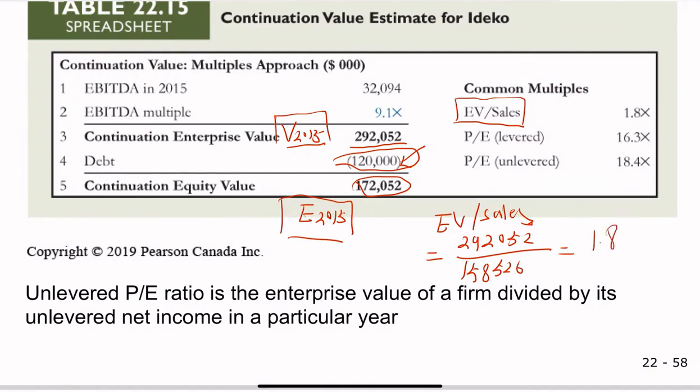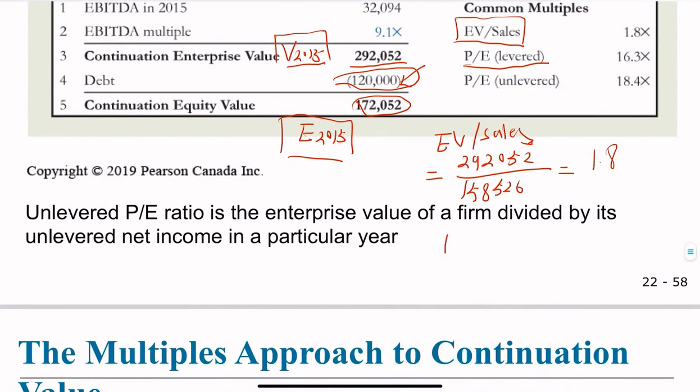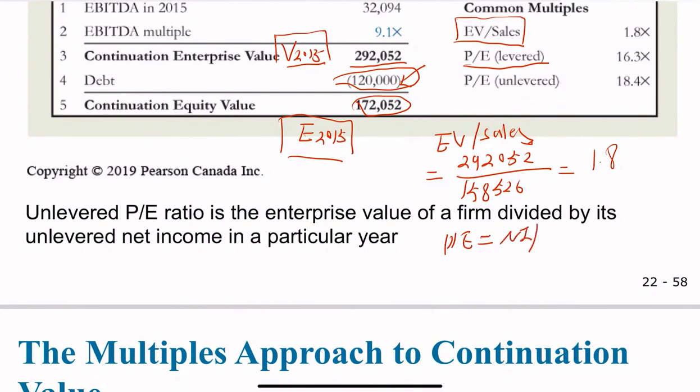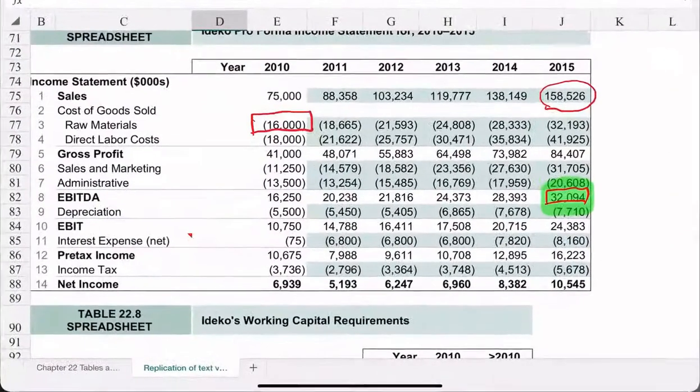And then we could also talk about PE ratio, right? So PE ratio, it should be the firm's equity divided by its net income. So what is the net income in 2015?